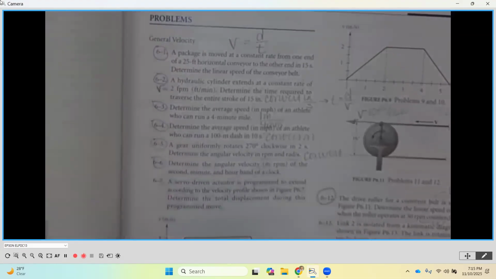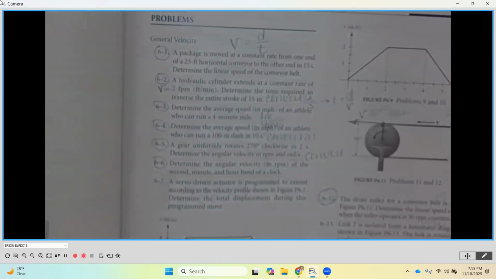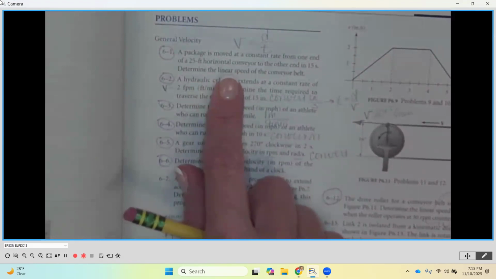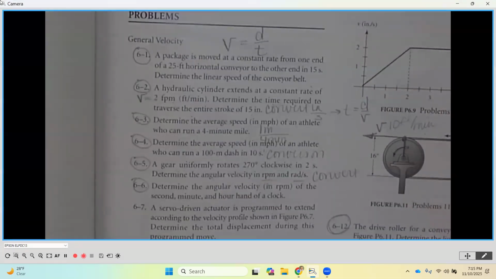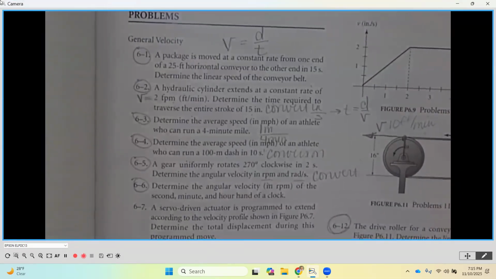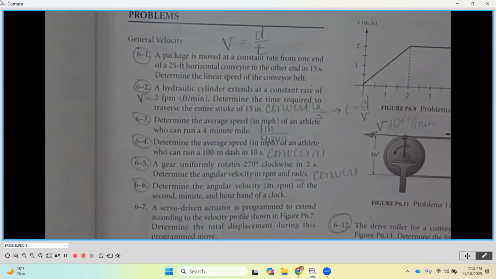Our first one says a package is moving at a constant rate from one end of a 25-foot horizontal conveyor to the other, and it takes 15 seconds to do that. Determine the linear speed of that conveyor belt. That is exactly like the problem we did, example 6-1, the first problem that we looked at. So use that as your guide: velocity is equal to distance divided by time.